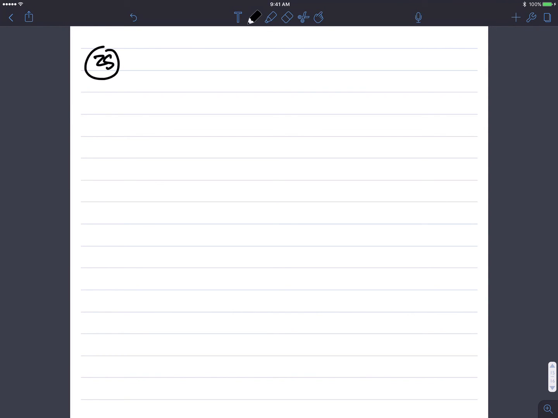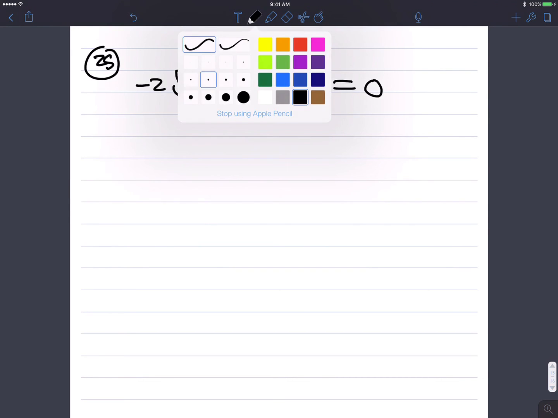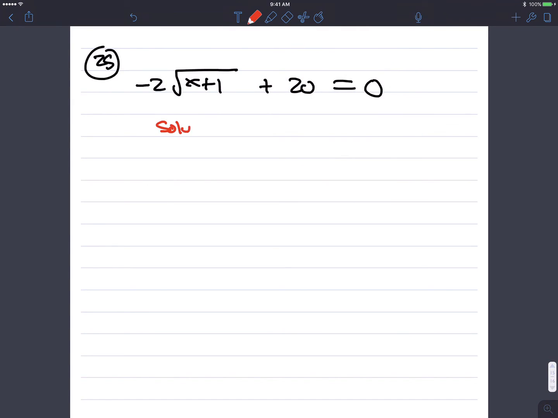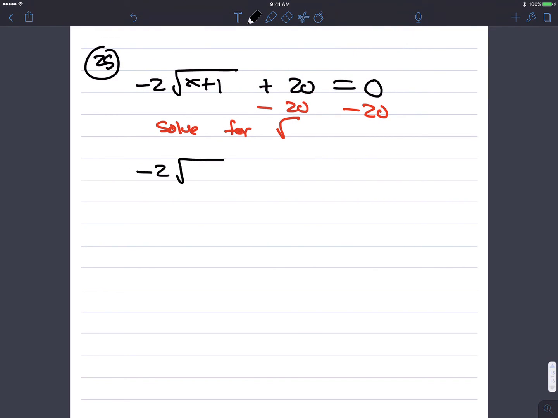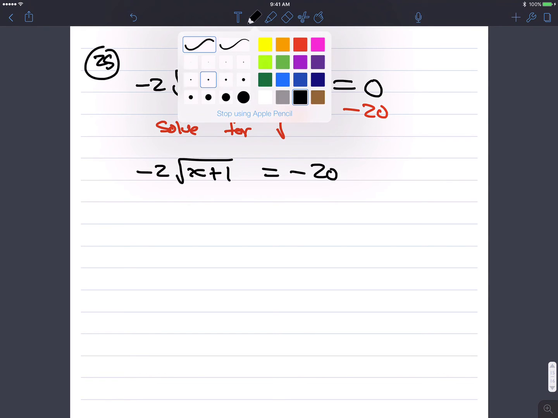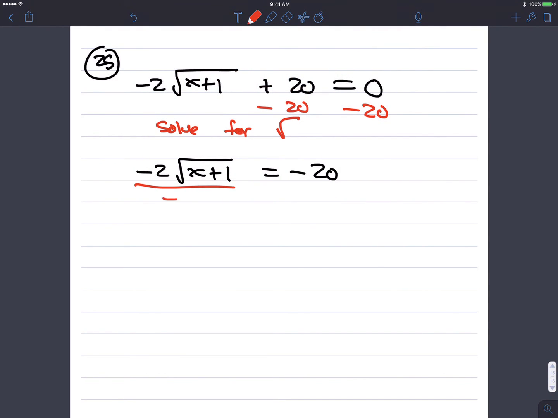Number 25. Negative 2 square root x plus 1, plus 20 is 0. Solve for the radical. Subtract the 20 from both sides. Negative 2 square root of x plus 1 is negative 20.